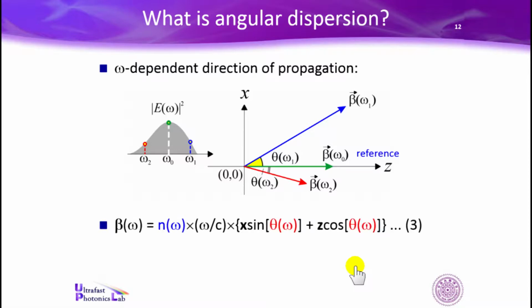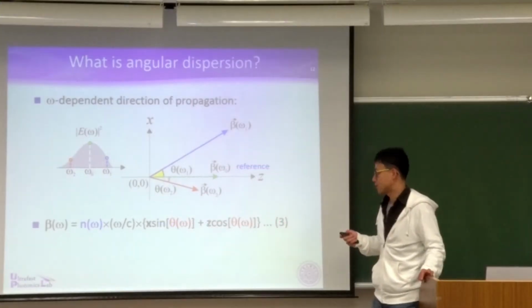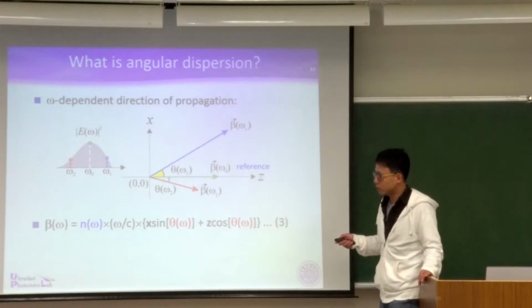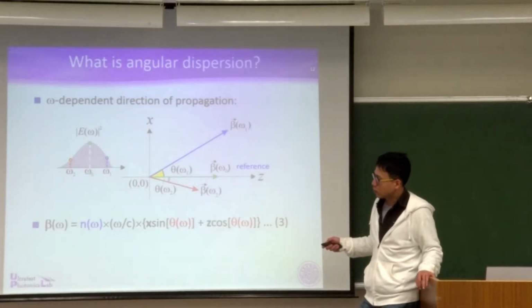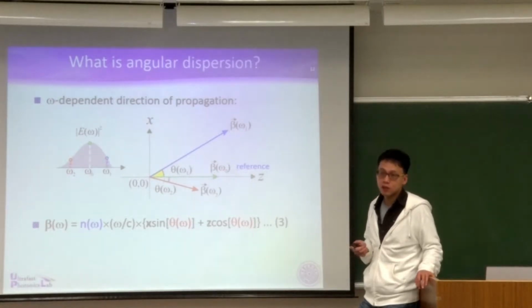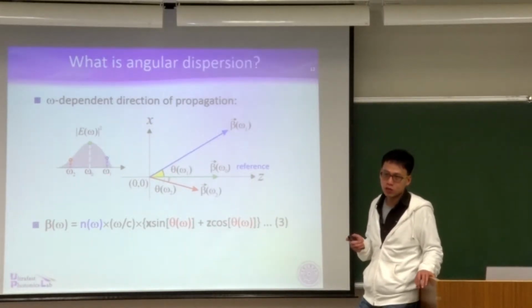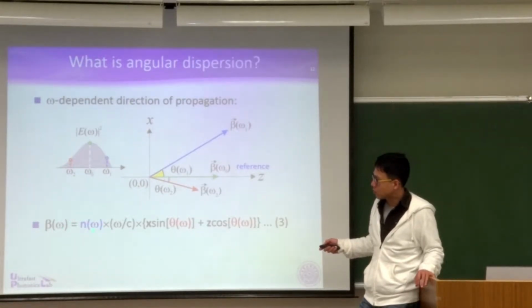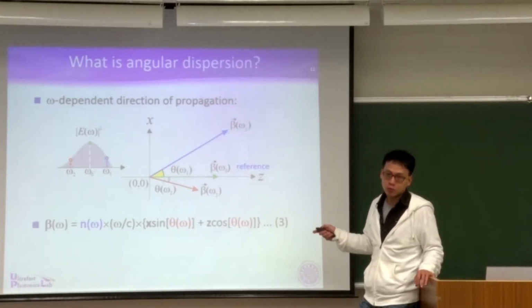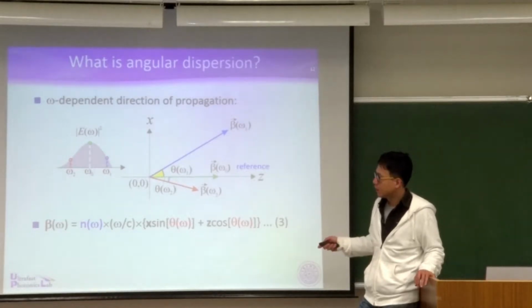So how do we formulate angular dispersion? Actually, it's quite trivial. Just write down your propagation constant. Actually, it's a vector function, not just a scalar function anymore, right? Beta of omega equals the product of this one. And then this is the absolute value of propagation constant.